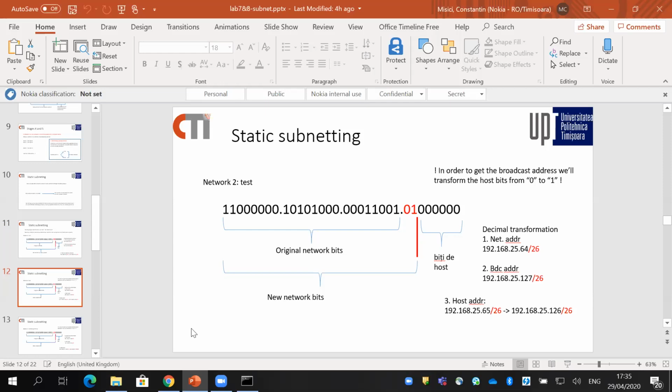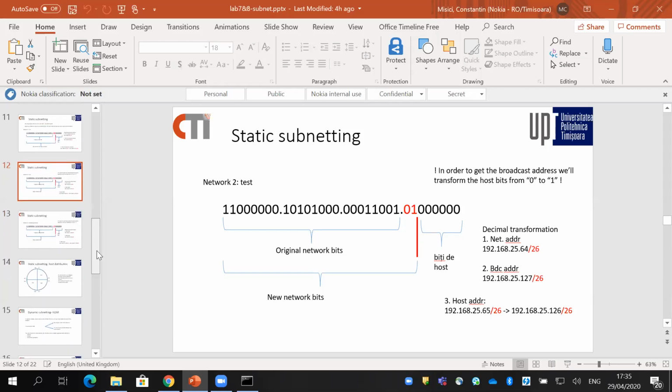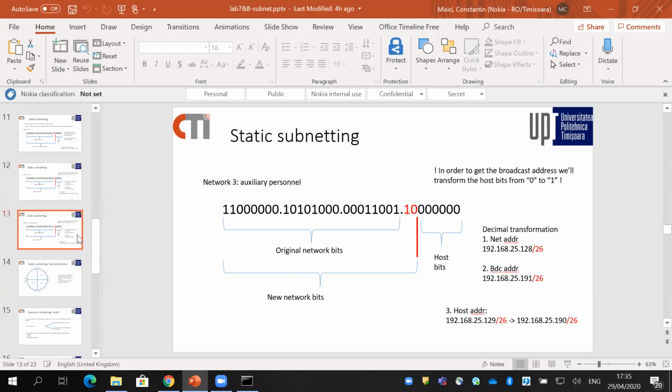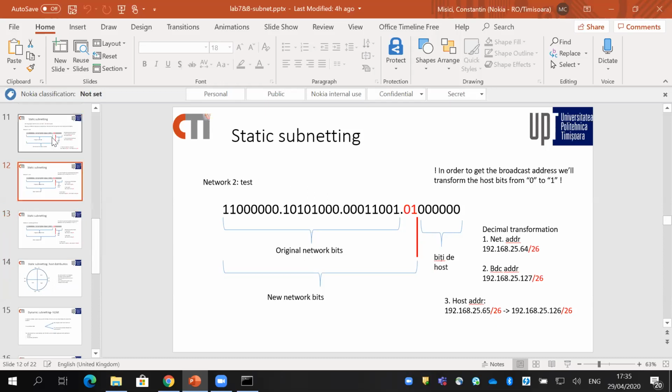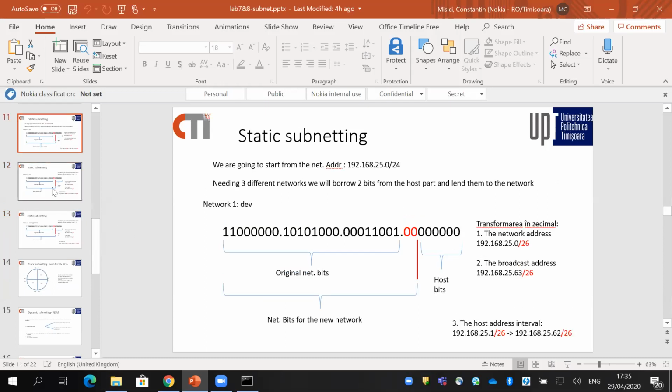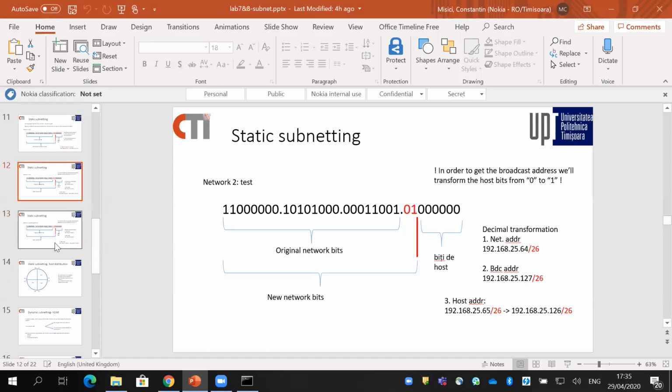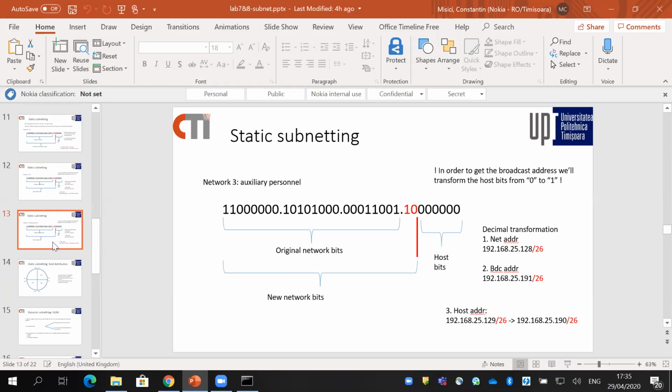Yes. Okay, then we move along. The last is the auxiliary personnel, in which if we had 0, 0, 0, 1, the next possible combination is 1 and 0. So the network address is 1 and 0, and the rest are zeros for the network.